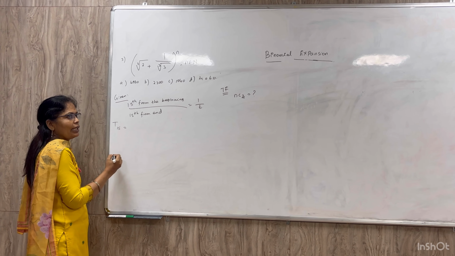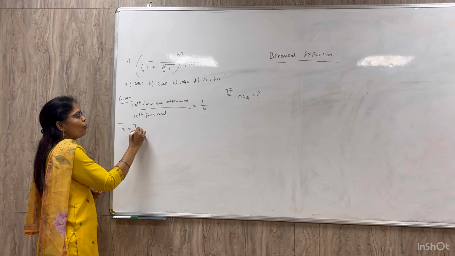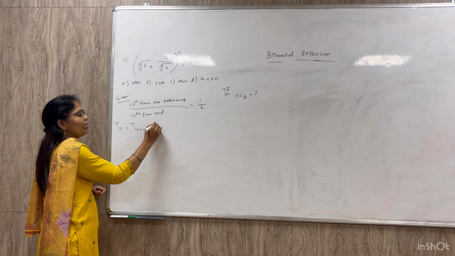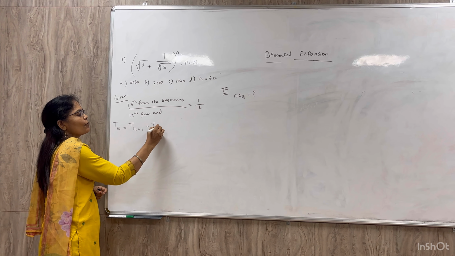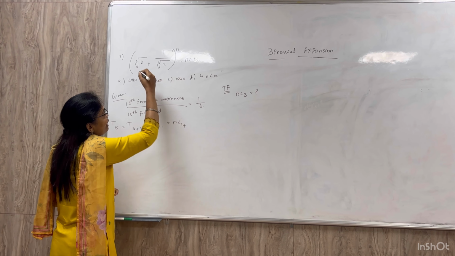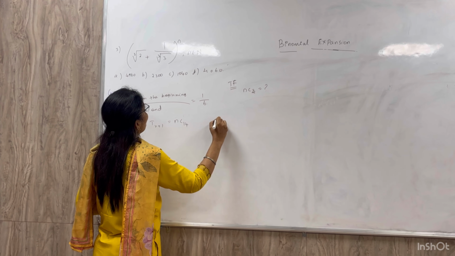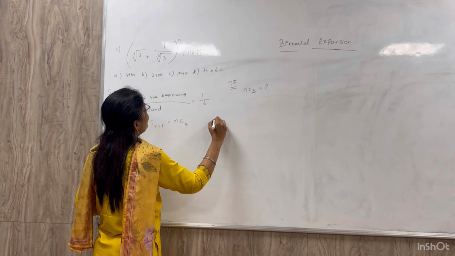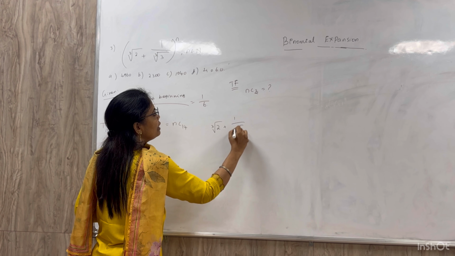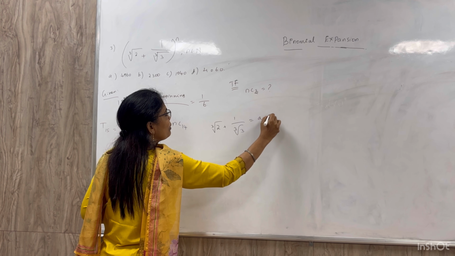T15 can be written as the general term T14 plus 1, which is nothing but T(r+1), right? Here r is 14, so nC14. This is a huge term, so I will take the first term as a, that is cube root of 3, and the second as b, 1 by cube root of 3, and keep it as (a plus b).